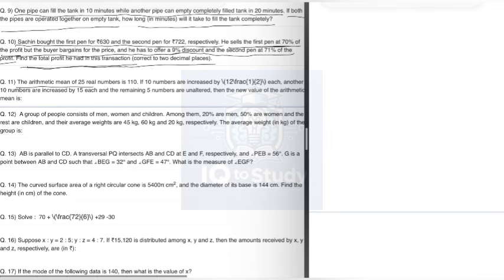The arithmetic mean of 25 real numbers is 110. If 10 numbers are increased by 12 1 by 2 each, another 10 numbers are increased by 15 each, and the remaining 5 numbers are unaltered, then the new value of arithmetic mean is?